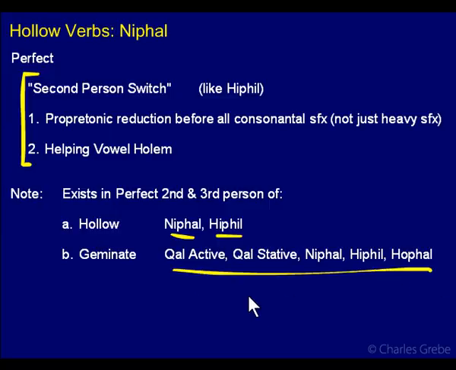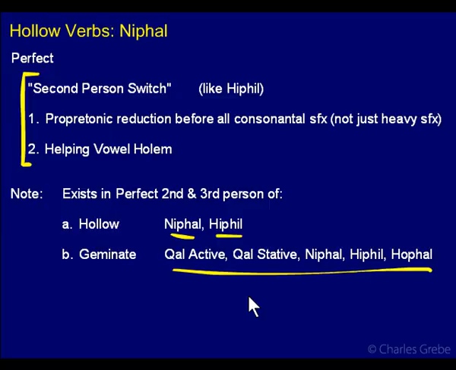Okay? So if you look at your charts at the back of the book in Ross, page 553, we don't see this heavy-duty second-person switch in the Qal of the hollow verbs, but we do in the Niphal, the Hiphil, and then we don't in the Hophal. You turn the page over, and you look at the perfect for the geminates.